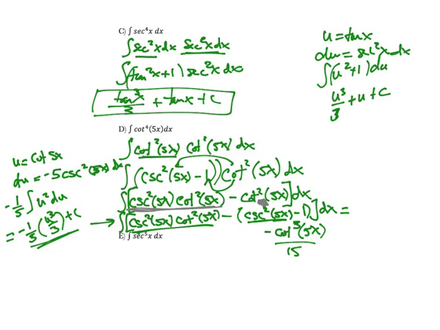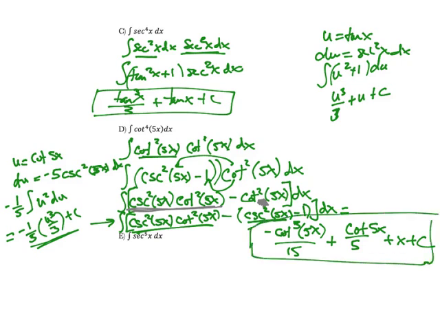Whose derivative is cosecant squared would be negative cotangent, but because there's already a negative there, that would be plus, and I need a 1/5 to undo the angle, so that would be cotangent 5x, and when I integrate what would be positive 1, I'll have plus x plus c. That one's a little more complicated. You have a lot more algebra to work in there, and you may have to play around with them some.